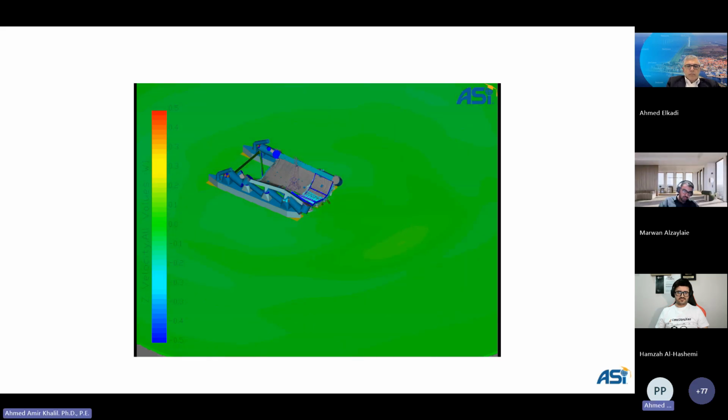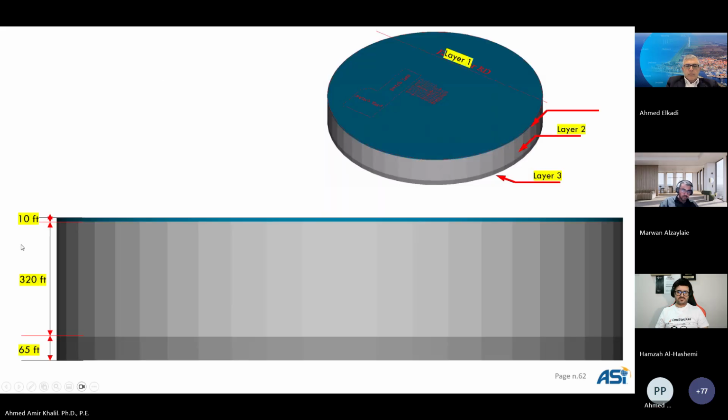And of course, because we have variability in soil properties, yes, we may have an estimation of what is the different soil layers for this specific area. But of course, there is a lot of variability.